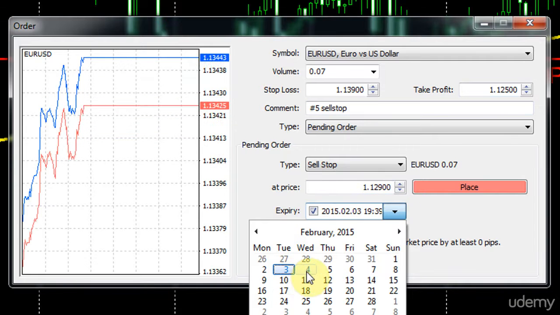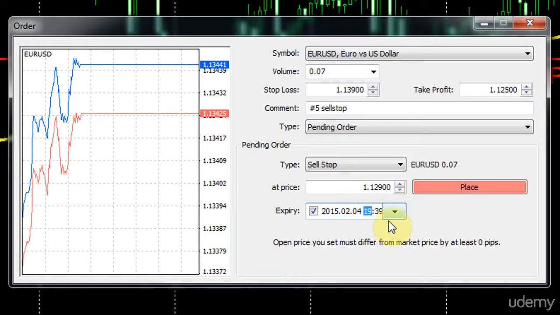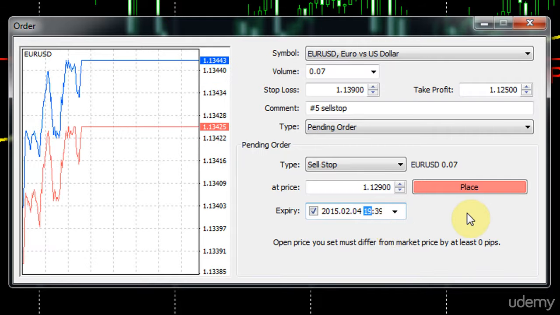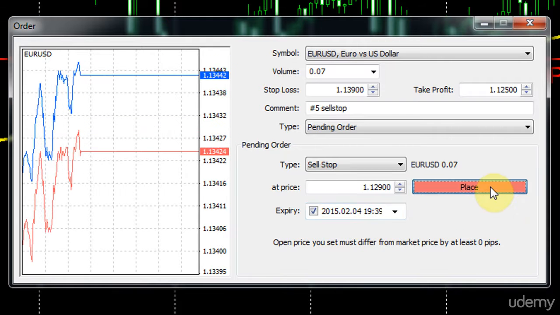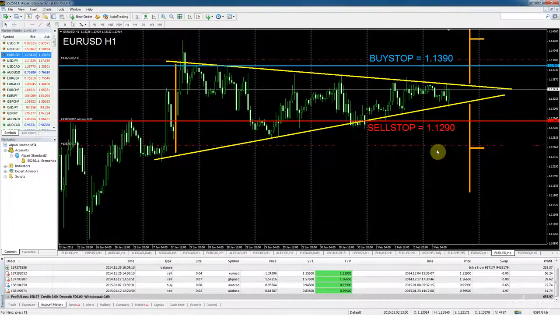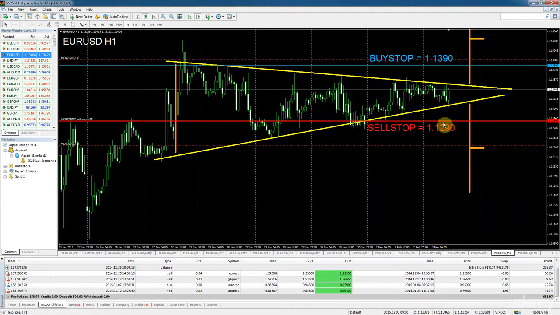We set this day, tomorrow at about the same time. What time do we want to set? Yeah, let's give it just over 1 day. So we'll place that, click place. That's our pending order placed. It's hiding behind our trend line over here.